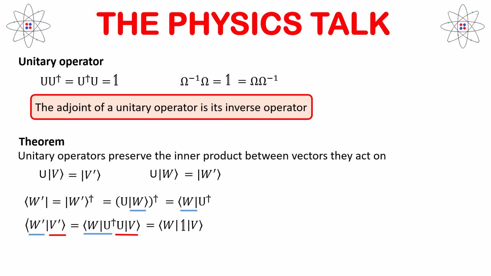This leads to the bracket of W and V. This shows that the inner product of W and V is the same as the inner product of W prime and V prime. Thus, it justifies the theorem. So, in this way, we have discussed some of the important points regarding operators.